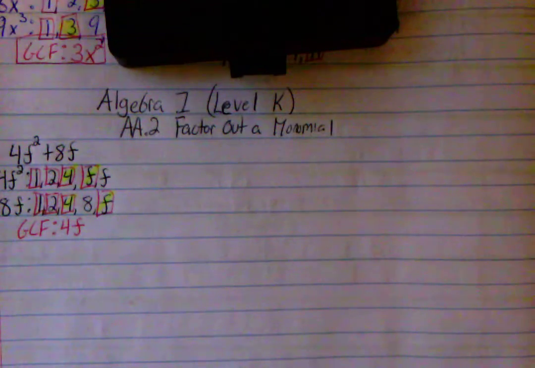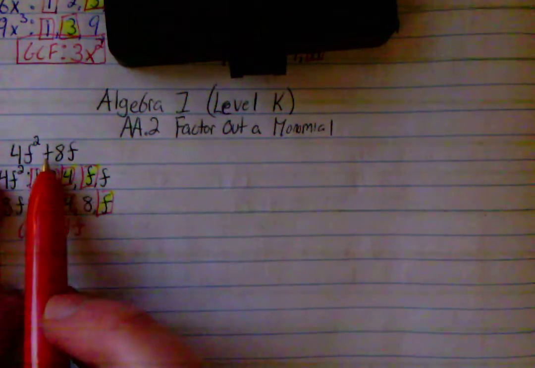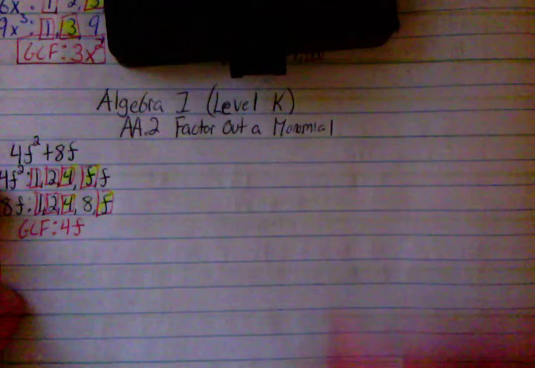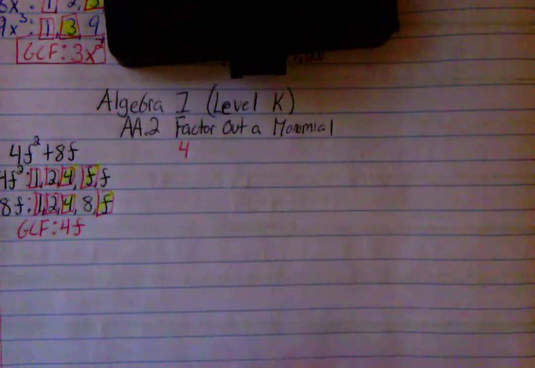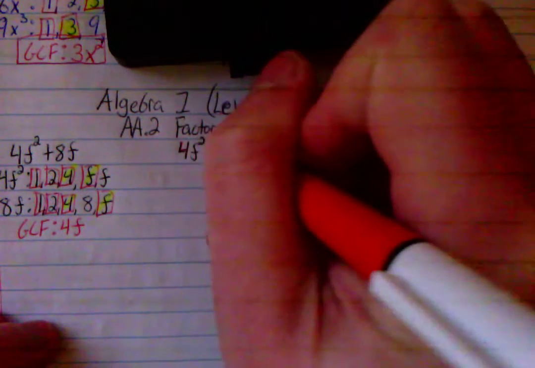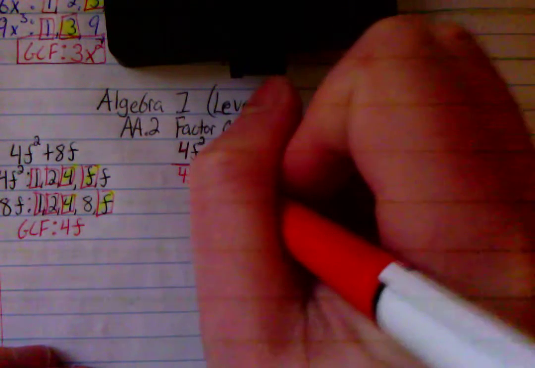The next thing you need to do is divide 4f squared plus 8f by 4f. So I am going to rewrite 4f squared plus 8f, and I'm going to divide it by my GCF, which I will put in red because I wrote GCF as 4f in red.